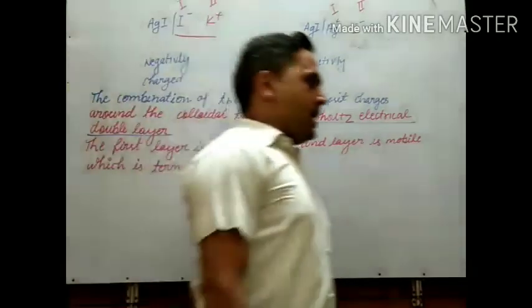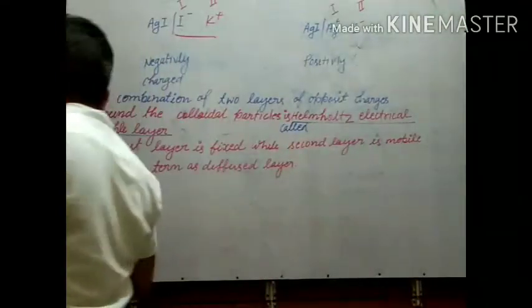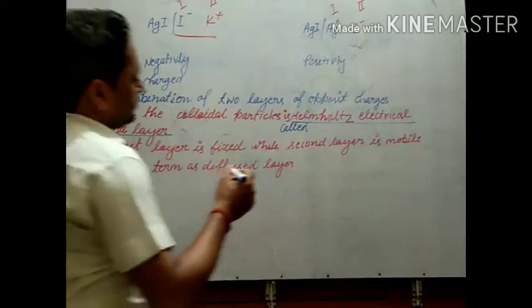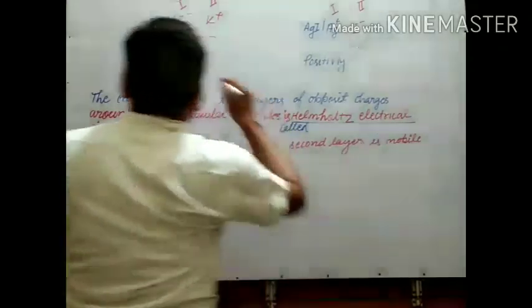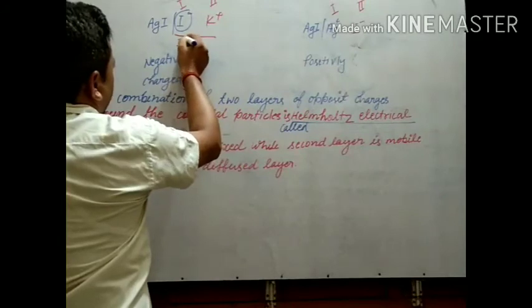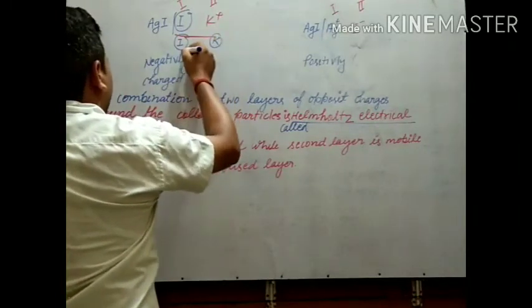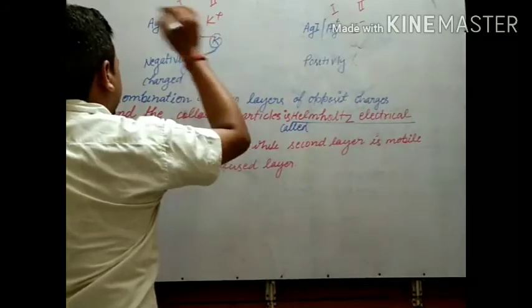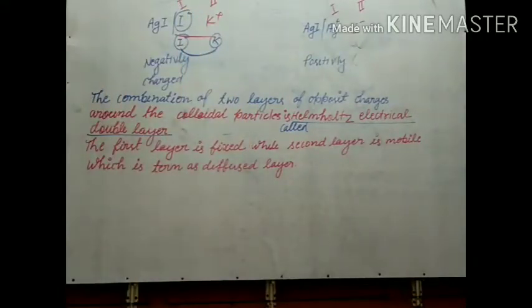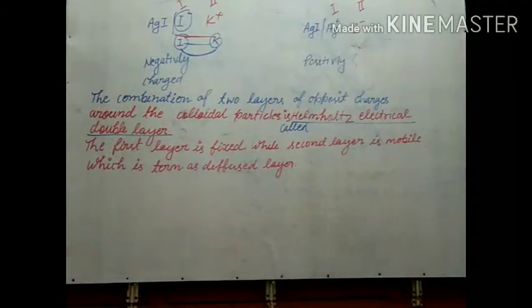Due to the formation of these two layers, or we can say due to these two layers of opposite sign, a potential develops between them, and that is called electrokinetic potential or zeta potential.